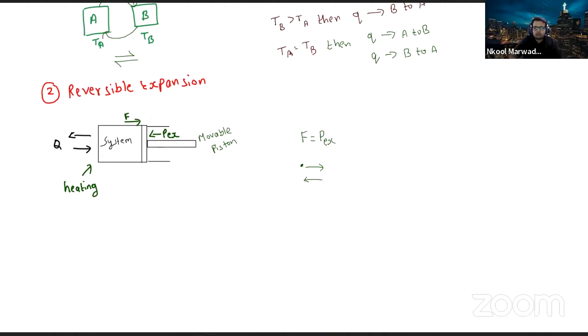We call it mechanical equilibrium. So there is a mechanical equilibrium between the force exerted by the system and the external force exerted by the surroundings. So this is the mechanical equilibrium.